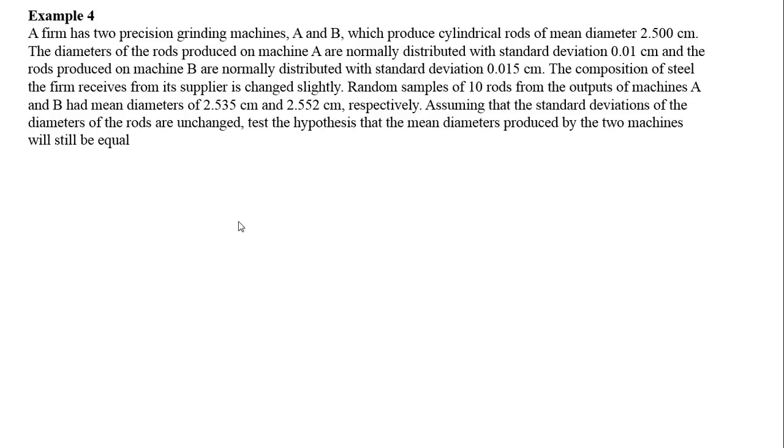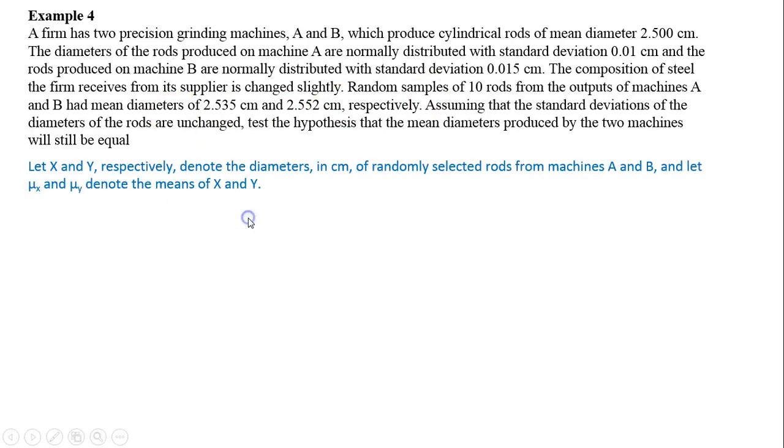Random samples of 10 rods from outputs of machines A and B had mean diameters of 2.535 and 2.552. Assuming that the standard deviations are unchanged, test the hypothesis that the mean diameters produced by the two machines will still be equal. So are they close enough for them to be equal overall?